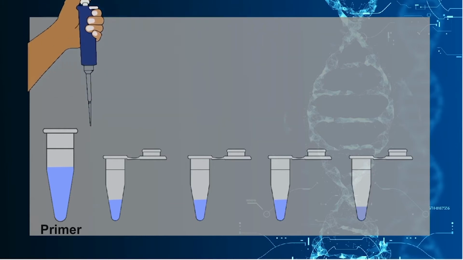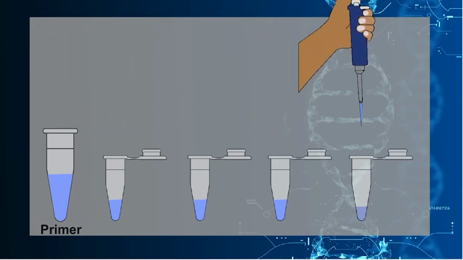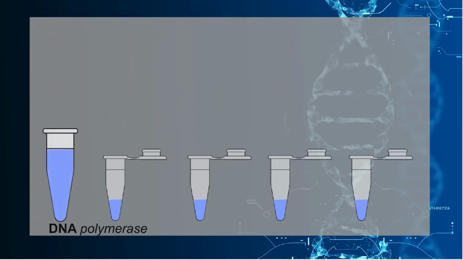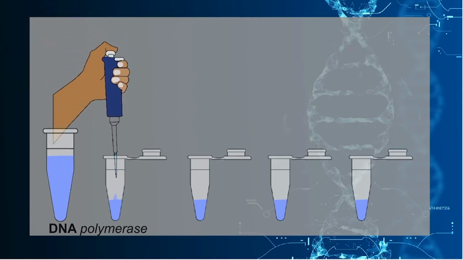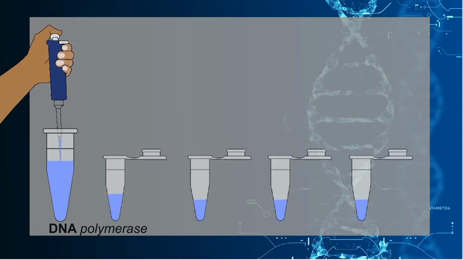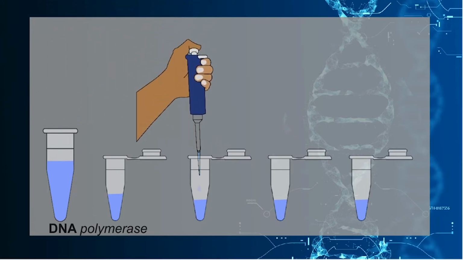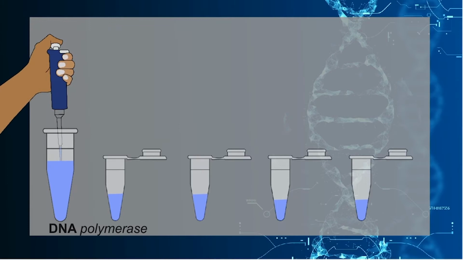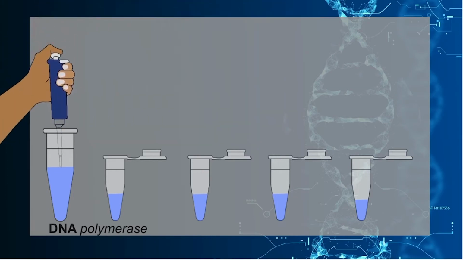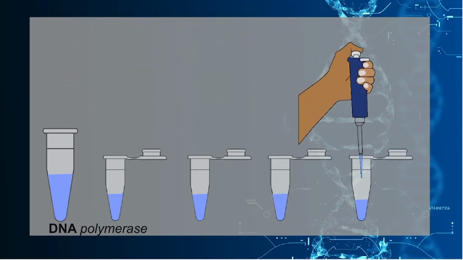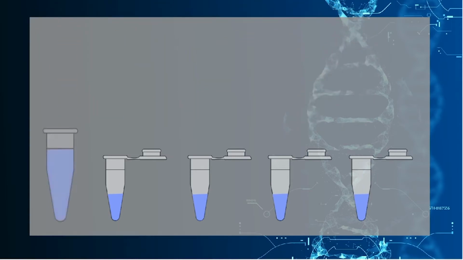If you remember, we said that you have to divide the reactions into 4 reactions, and then you have to add the DNA polymerase into each reaction. So you have reactions number 1, 2, 3, and 4. And once you have added the DNA polymerase into the 4 reactions, then you are going to add the nucleotides.